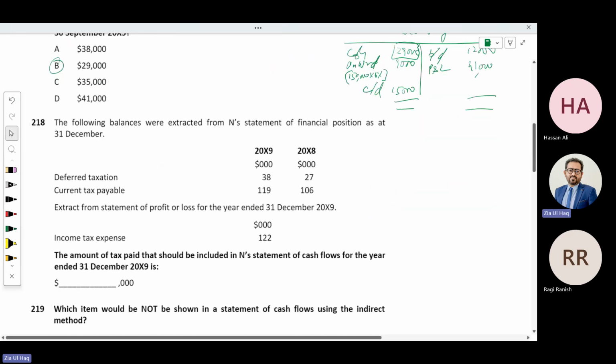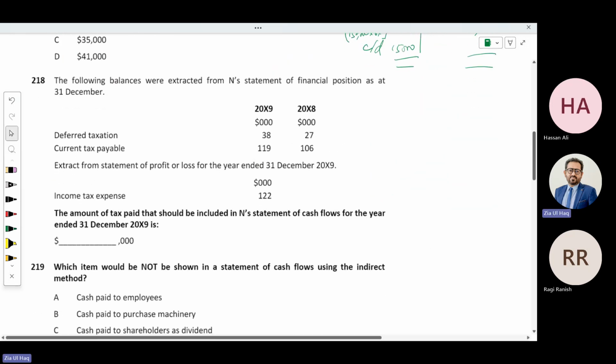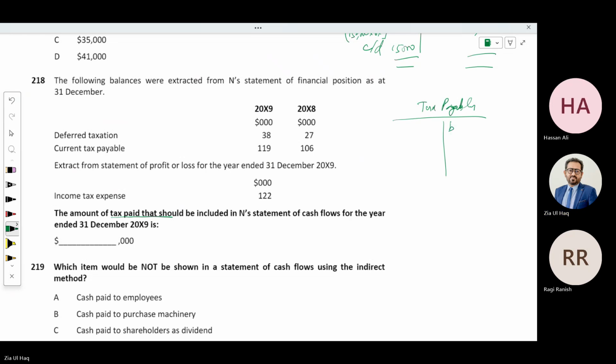218. The amount of tax paid. You need to open the tax payable account now. Both deferred tax and current tax: brought down balance here and carry down balance here.